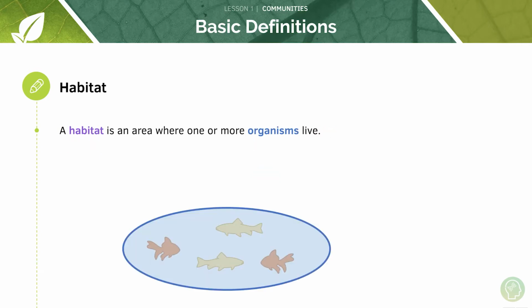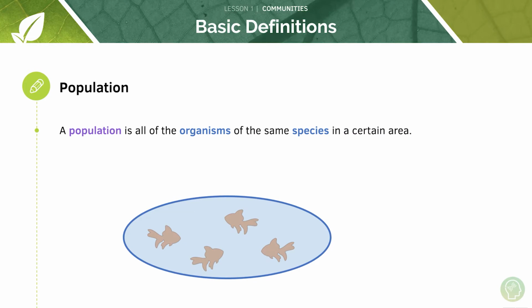Another one is habitat. A habitat is an area where one or more organisms live. For example, a fish could have a pond as its habitat. A population is all of the organisms of the same species in a certain area. Note that there are some really important terms in this definition.